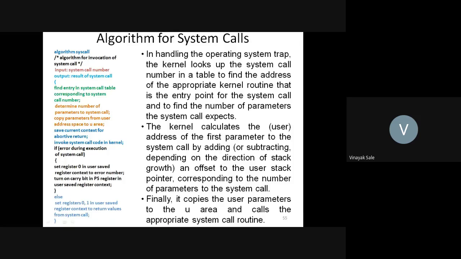If the stack grows upwards, that is adding. If the top of the stack goes downwards, there is subtraction. So the kernel calculates the user address of the first parameter by adding or subtracting an offset to the user stack pointer corresponding to the number of parameters to the system call. And finally, it copies the user parameters to the user area and calls the appropriate system call routines.